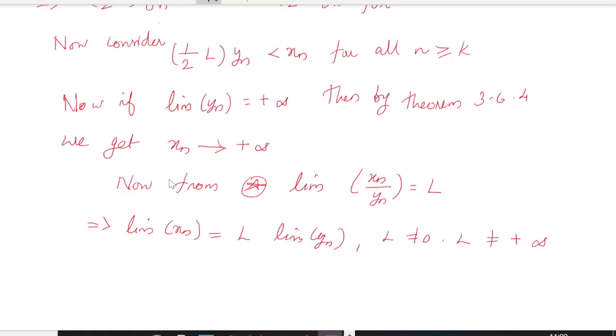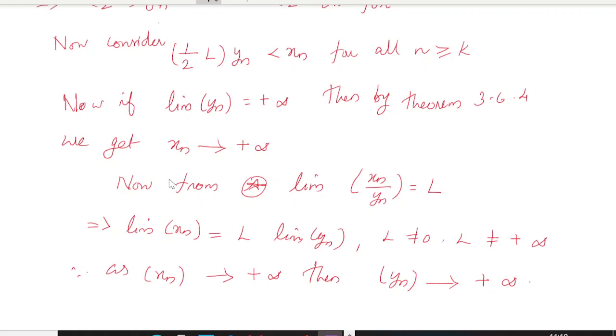Therefore, as xn tends to positive infinity, this side is L into limit of yn, where L is not equal to 0 and not equal to infinity, so yn also tends to positive infinity.